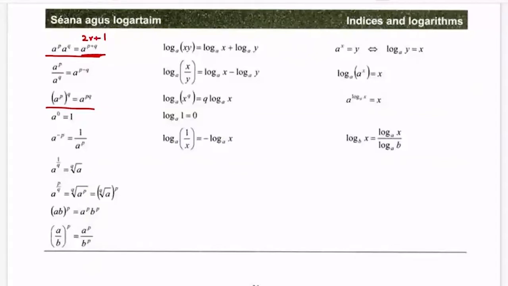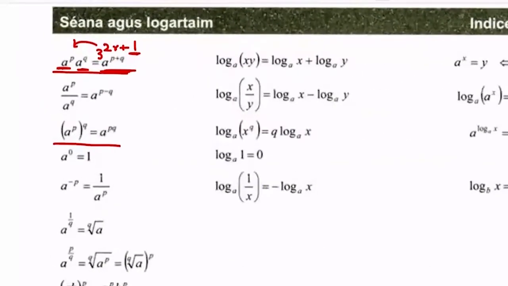So I can go backwards and break that up into 3 to the power of 2x, which is my a to the power of p, and then 3 to the power of 1 would be my a to the power of q. And then they would have been added to give me 2x plus 1.